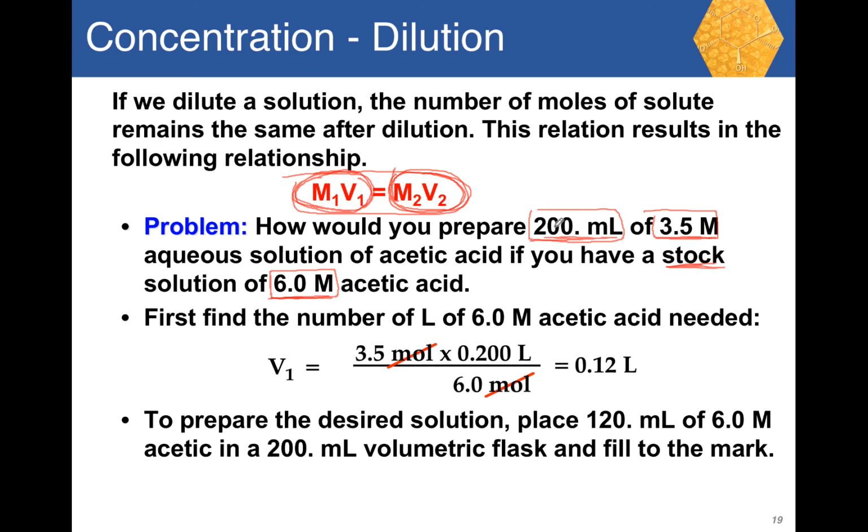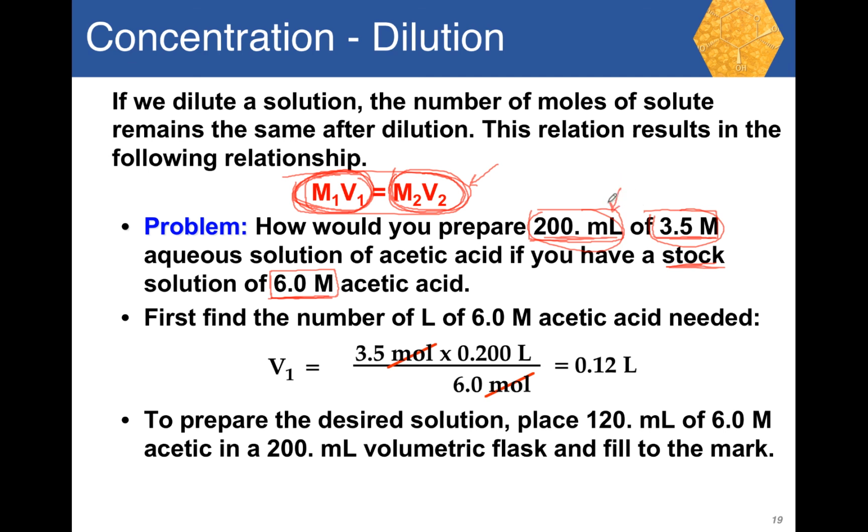So what we'll do is put this information into this equation. If this is our diluted solution, it would be 200 mL times 3.5 molarity. Again, you may want to bring this to liters.